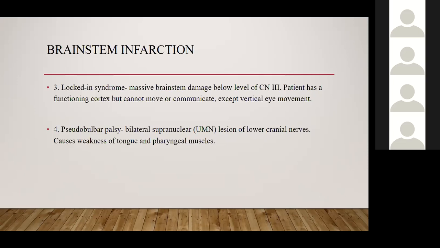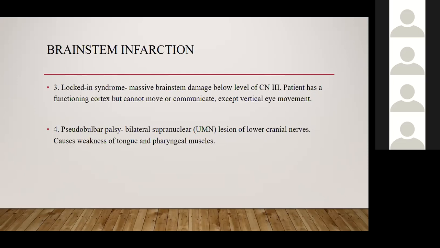You can only communicate with the eyes, and all that you can do is move your eye in the vertical position. So that is what we are talking about when we say locked-in syndrome. You are basically locked in. You can't move any part of your body except the muscles that the oculomotor nerve supplies. That is what you can move.